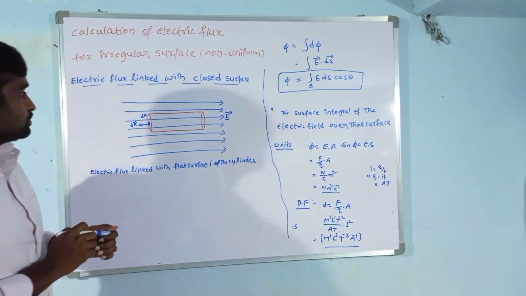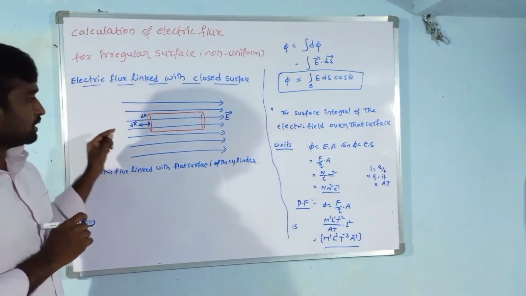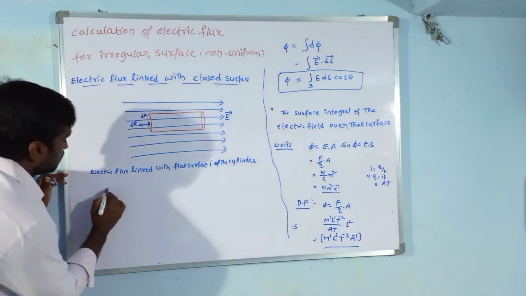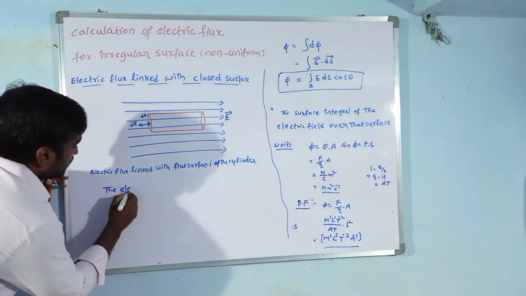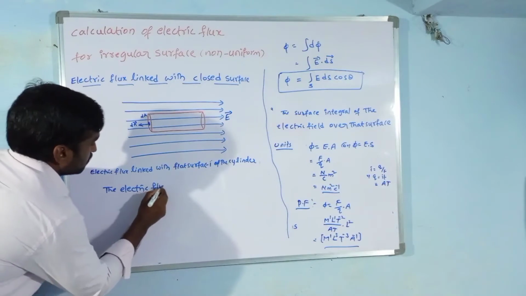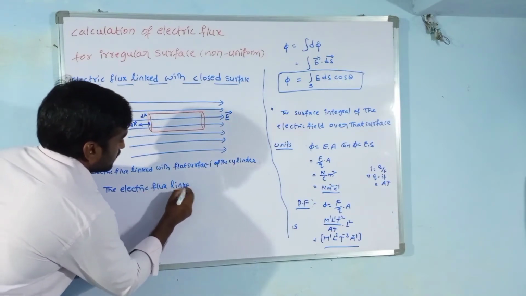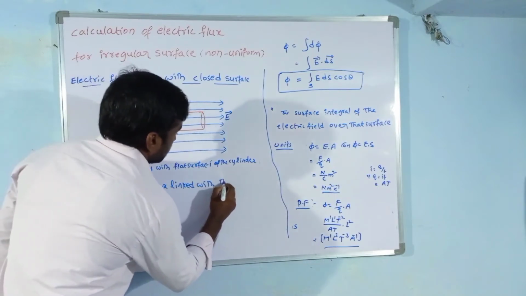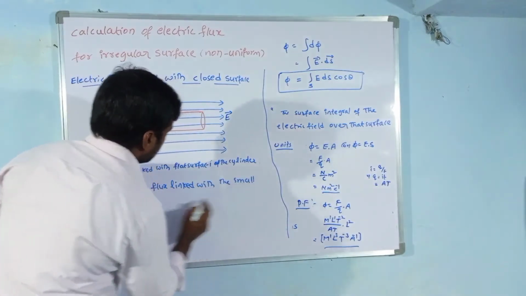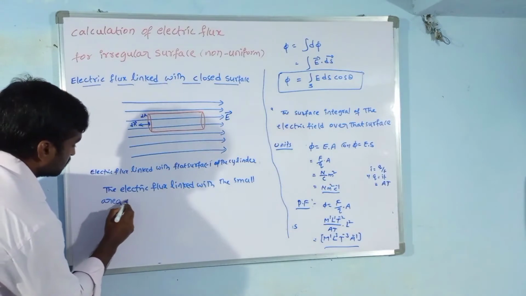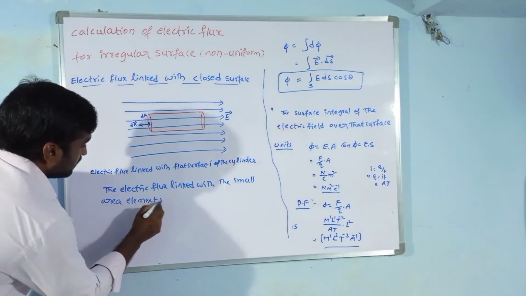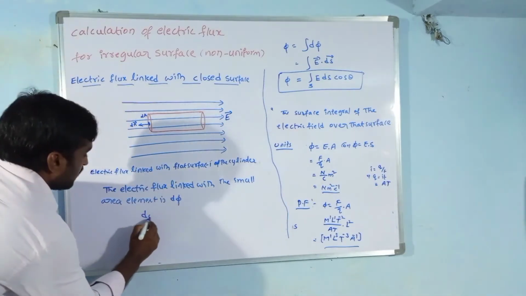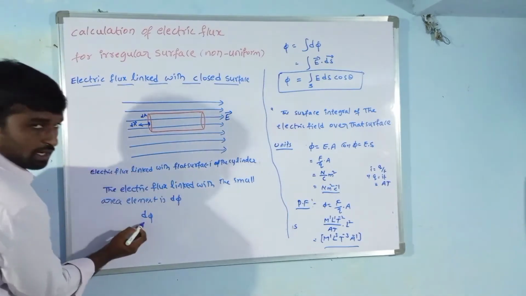Now what is the flux linked with the small area element? The electric flux linked with the small area element is d phi, a small electric flux.